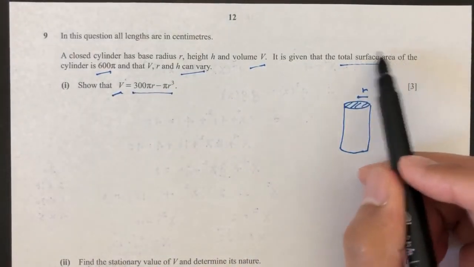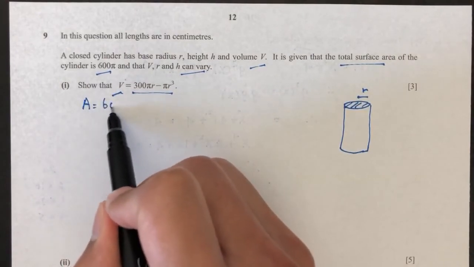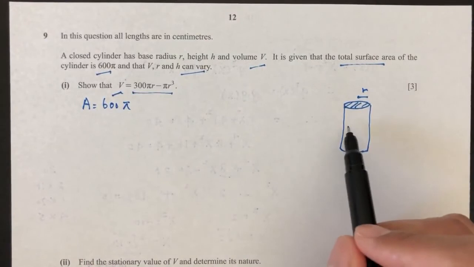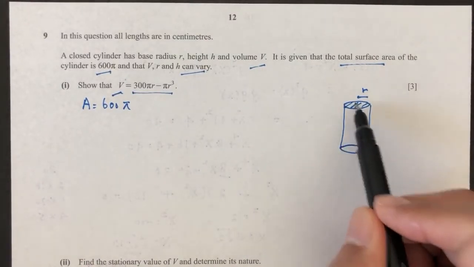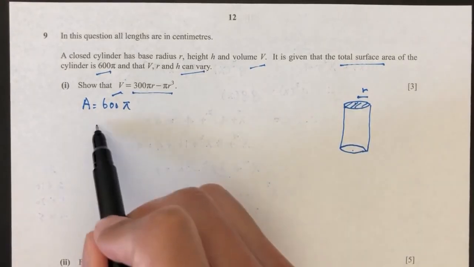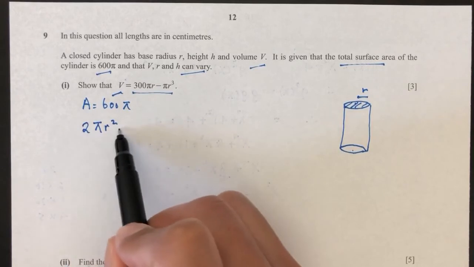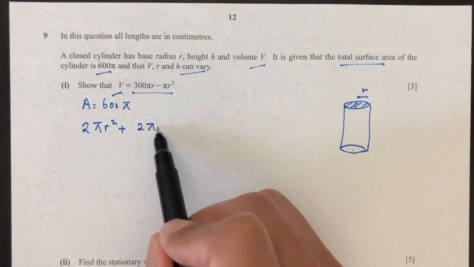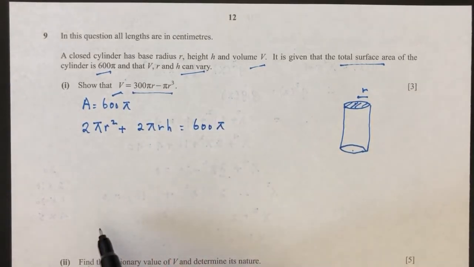So we have to use the total surface area given to us. So area is 600 pi. So how do you find the area of this shape? We have area of curved surface, and we have top and bottom area of circles. So circle is pi r square, so 2 top and bottom, plus curved surface 2 pi r h, will be equal to 600 pi.